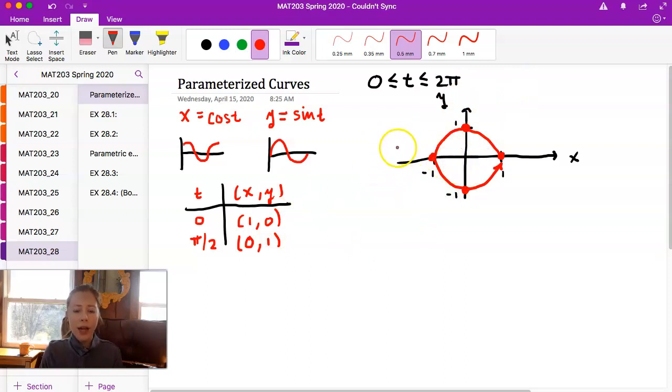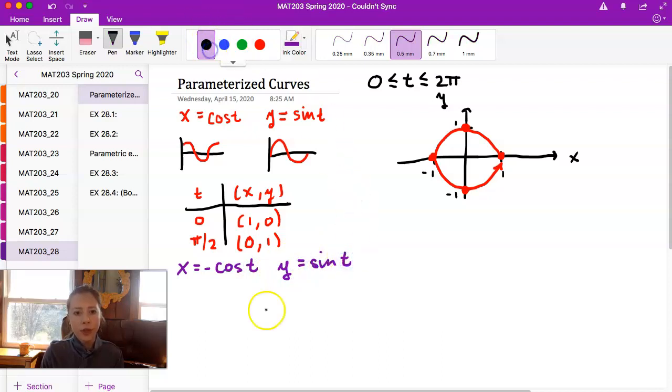So let's look at now another example. What if x is minus cosine t and y is sine t? If we looked at that, I'm just going to draw a little smaller down here at y versus x, and mark off our ones.